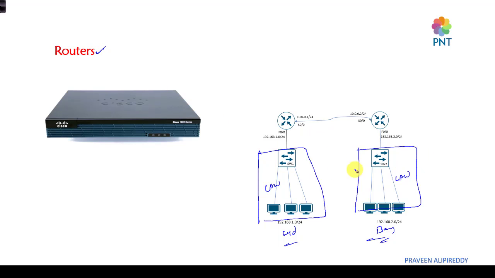Without a router, we cannot communicate between these two LANs. So we place routers here, and with the help of a service provider, we make the reachability from the Hyderabad branch office to the Bangalore branch office, which builds a wide area network connection. In order to build this WAN, routers are going to help.